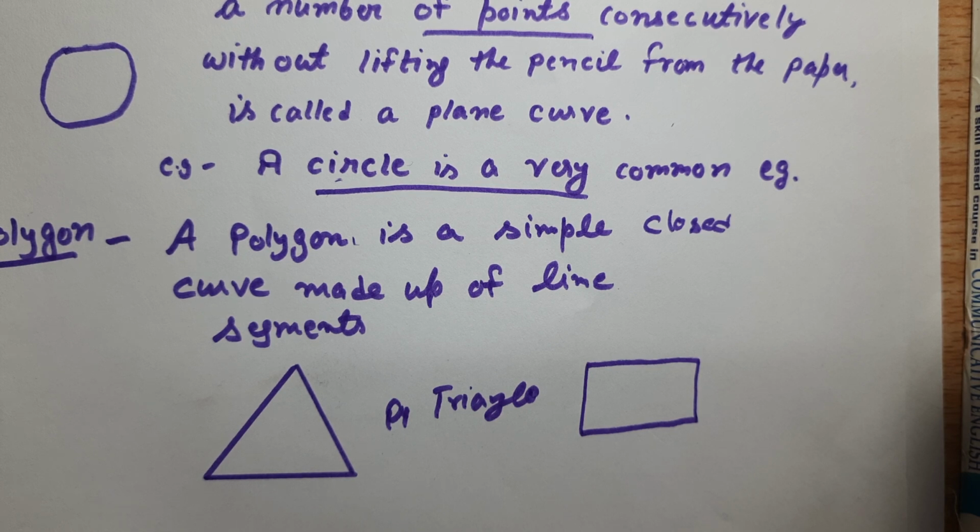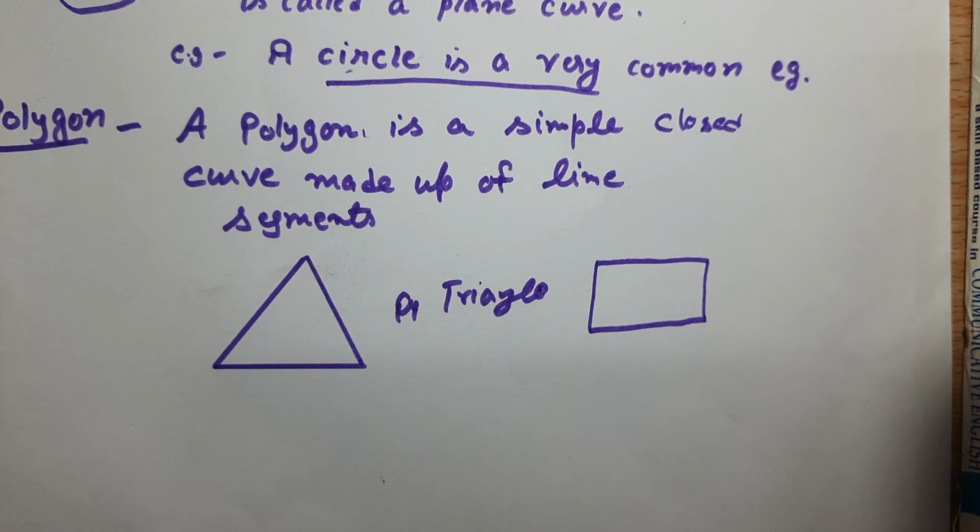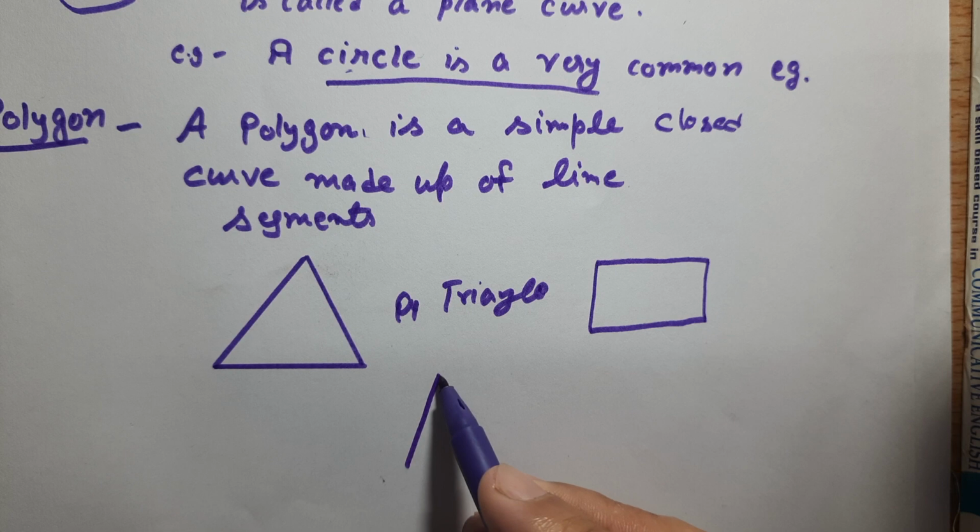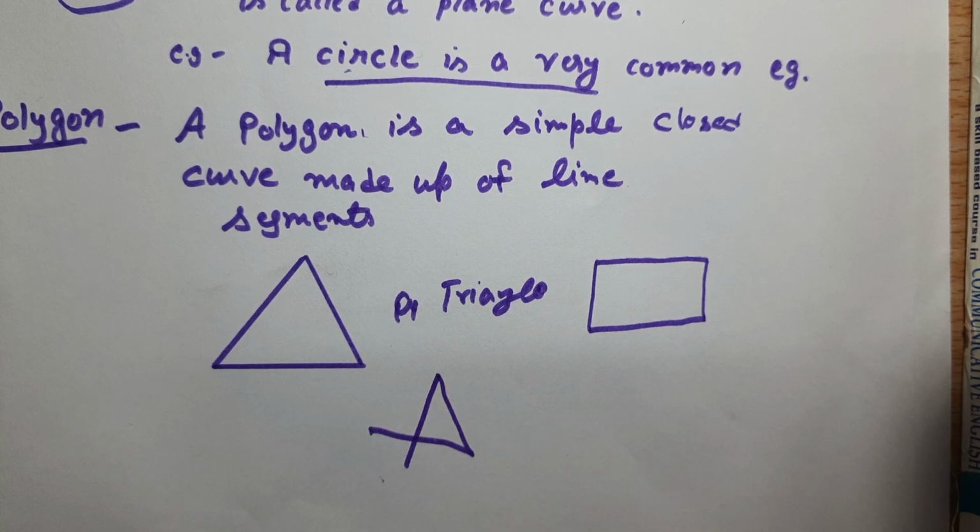Now children, we will understand about classification. If it is a polygon, then what can you say about these? Just see. Will it be a polygon?